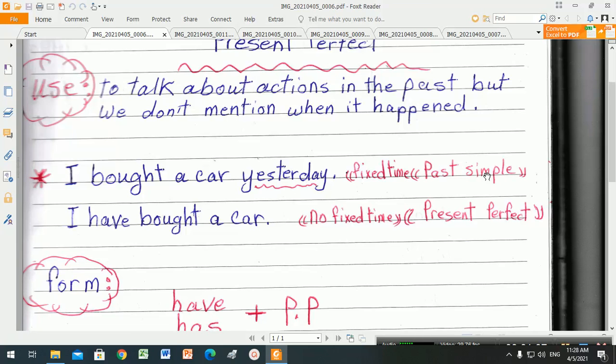This is past simple. I mentioned the time here, okay? But look at this sentence, I have bought a car. Here I didn't mention any time. You notice this? I have bought a car. This is present perfect. This is the difference between the present perfect tense and the past simple.